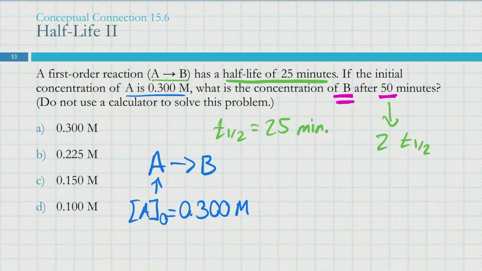So what we've been doing so far is calculating concentration changes for A. The concentration change for A is going to result in the production of B. So A breaks down, goes through 2 half-lives.